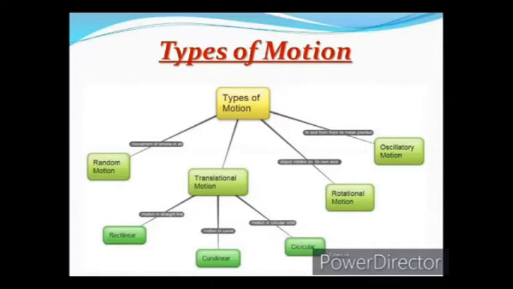Discussing them further, we can say that movement of smoke in air is termed as random motion, which is related to the first image we saw of the boy dusting off the dirt from his head.